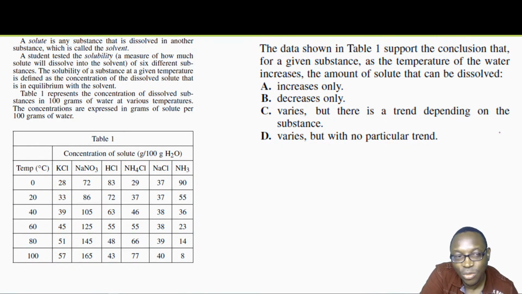When you say increase only, it means that for every single substance, you should have an increase. When you say decrease only, it means that for every single substance. I want you to remember that when you select an answer, it must be true for every single part of the graph or of the table. It must be true all the time.